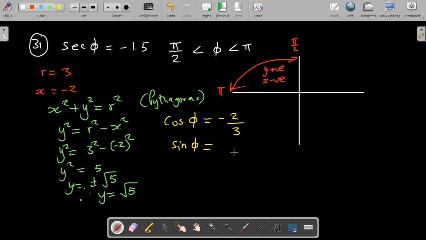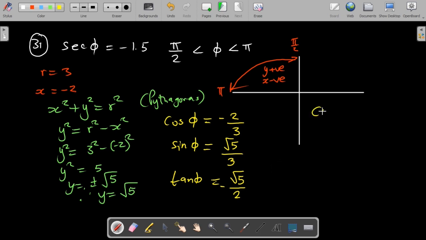Sine would be y over r. Our y is square root of 5 and our r is 3. Then tan of phi. Tan is y over x. Our y is square root of 5 and our x is minus 2. So you're going to have negative square root of 5 over 2.